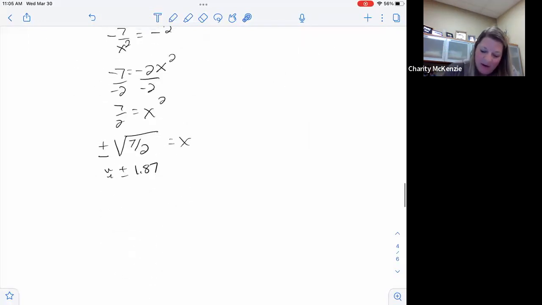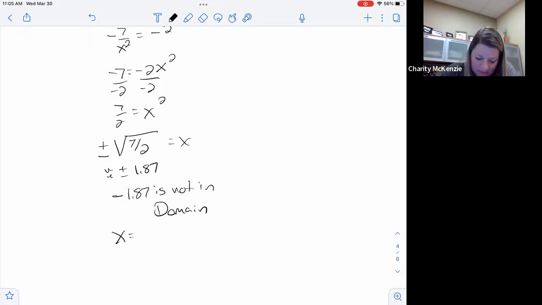So if we go down here, are either of these numbers less than 0? Yes. So negative 1.87 is not in the domain, or your range of values that you were given. So we only look at x equals 1.87. And so it's either the absolute max or the min, right? And we don't have the other one.